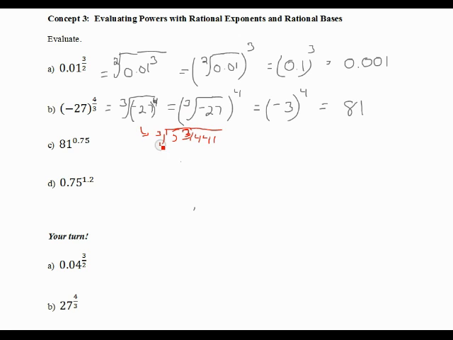I mean, you can do that on your calculator, but if it was a much bigger number, you wouldn't be able to because your calculator doesn't do numbers that high. Okay, so that's why we usually take the root first and then do the exponent. Okay, this one, 81 to the 0.75, what we need to do is write this as a fraction. So that's 81 to the 3 over 4.